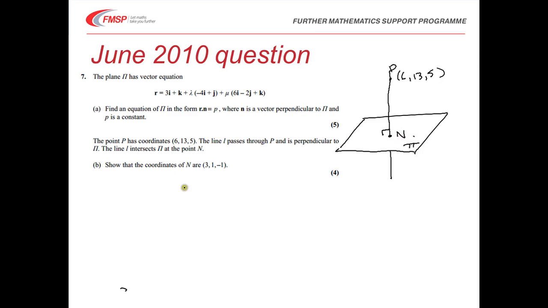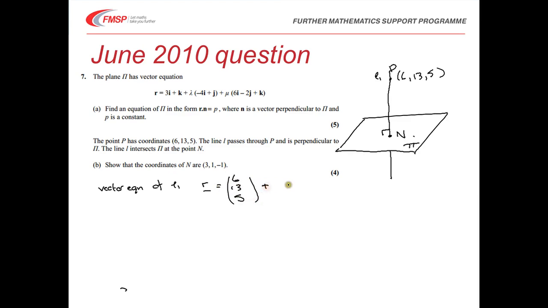Okay, so I think what we need to do here is write down an equation for that line. So a vector equation of this line. I'll call it L1 in my diagram. So again, we'll just use R as the position vector of a point on that line. So we can use 6, 13, 5 as the point, because we've been given that, may as well use it.